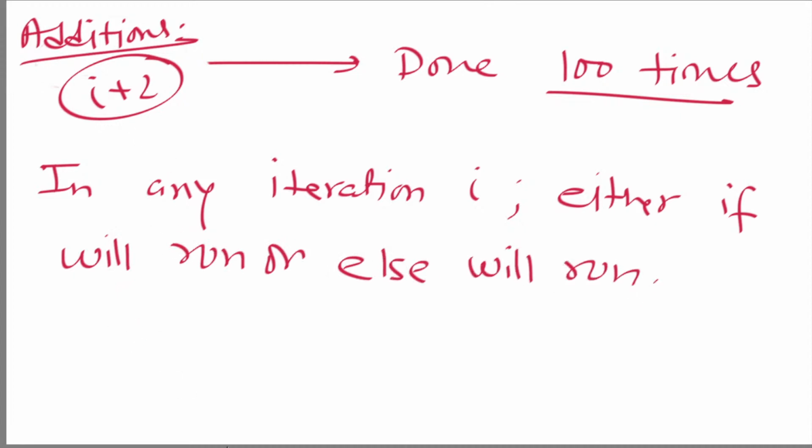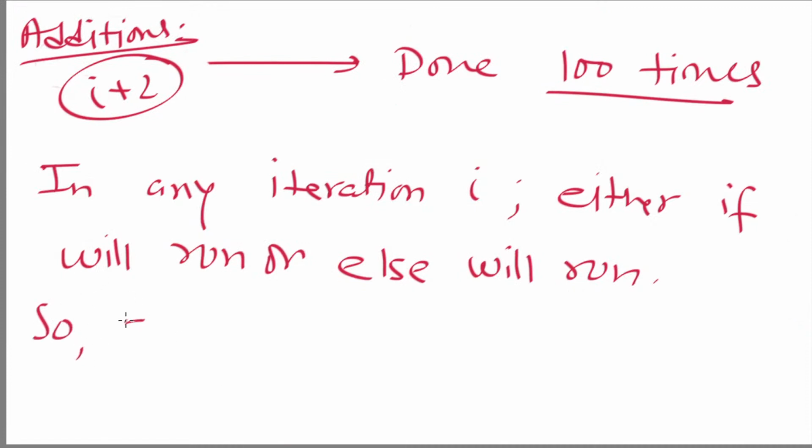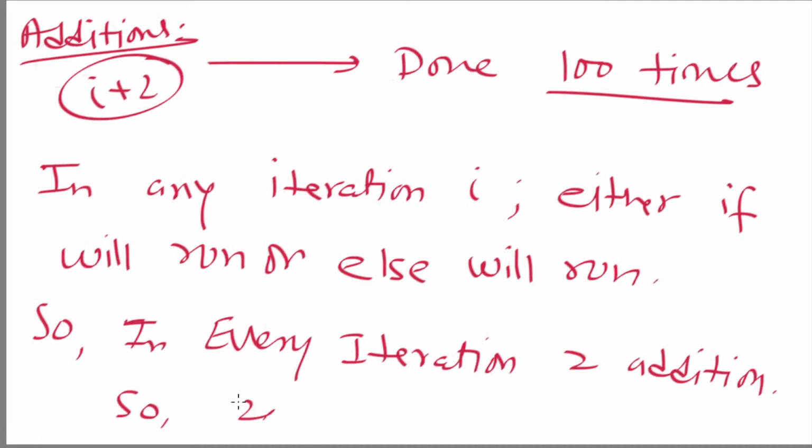This loop is running 100 times, and every time there are two additions. So in every iteration we have two additions. So finally, 200 additions.